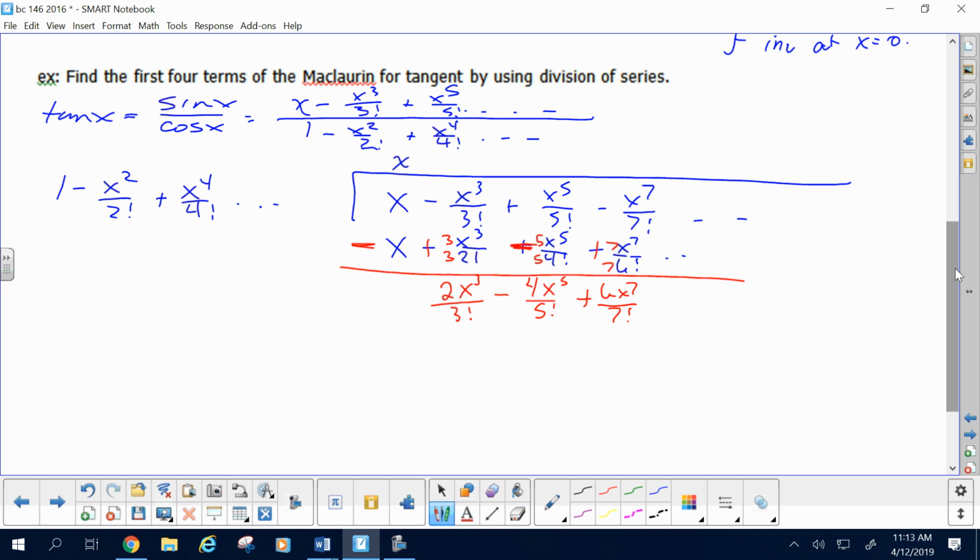Yes? Okay, now let's divide again. How many times does 1 go into 2x cubed over 3 factorial? 2x cubed over 3 factorial. I was hoping I saw some kind of pattern there so we wouldn't have to keep doing this, but I'm not sure.